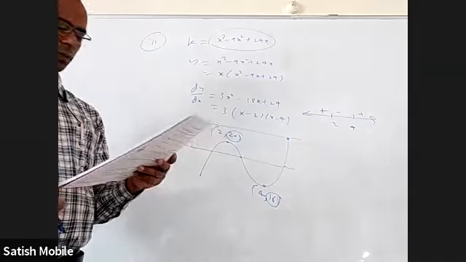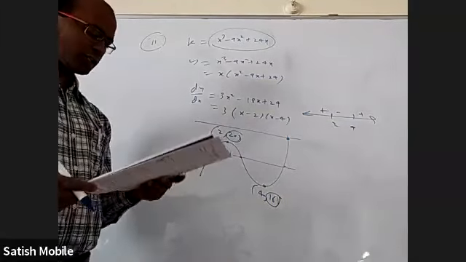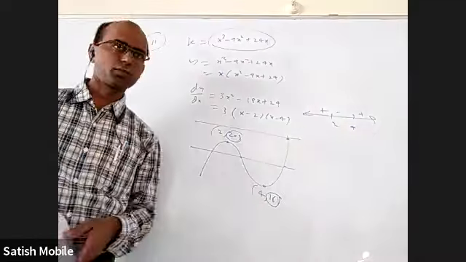Okay. The set of all possible values of k for which they have three distinct real roots. That is, k should be between 16 to 20.